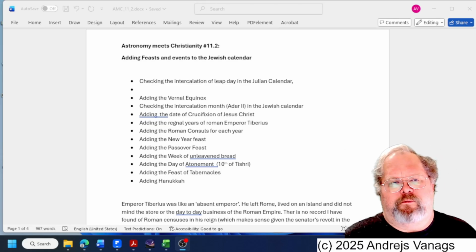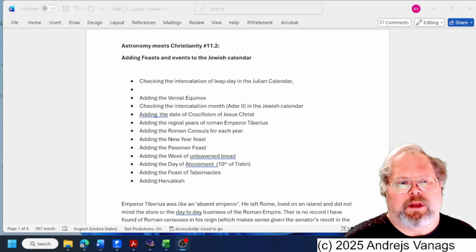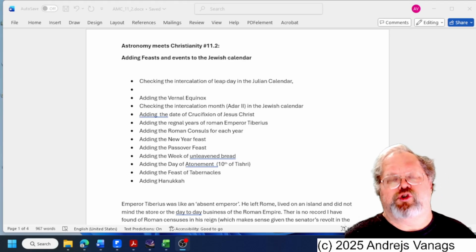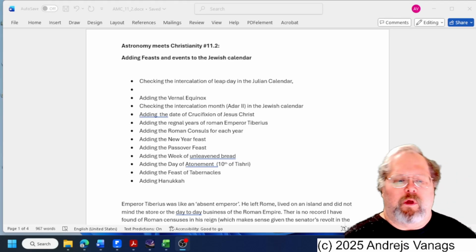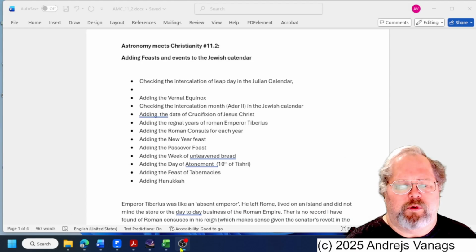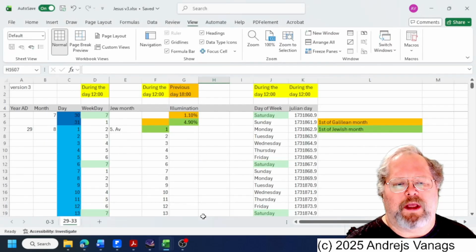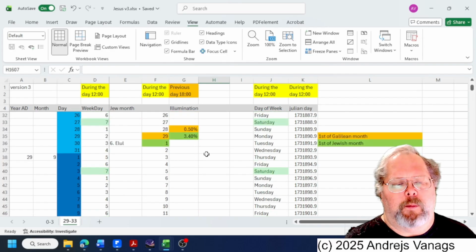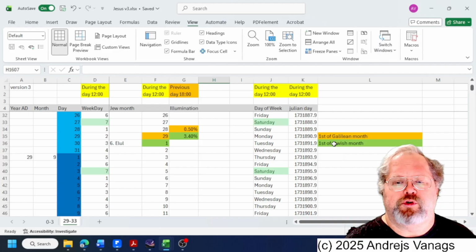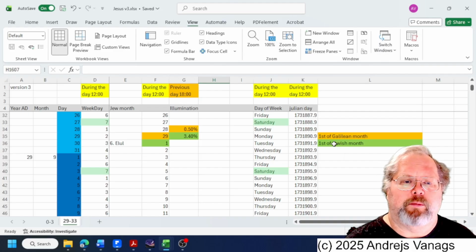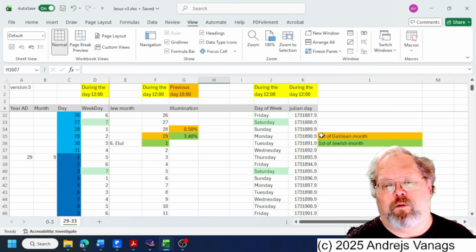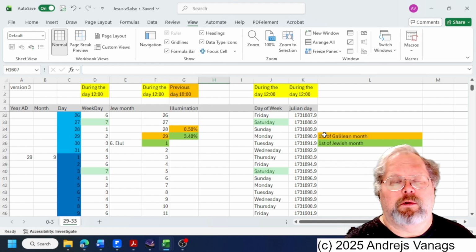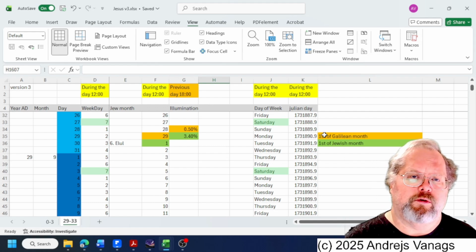The second part of episode 11, we're going to add the feasts and events to the Jewish calendar. Now, in the past episode we developed a calendar that includes the new moons for the Jewish people, the Jewish priests in the Temple of Jerusalem, and also for the Samaritan and Galilean people living to the north of Judea.